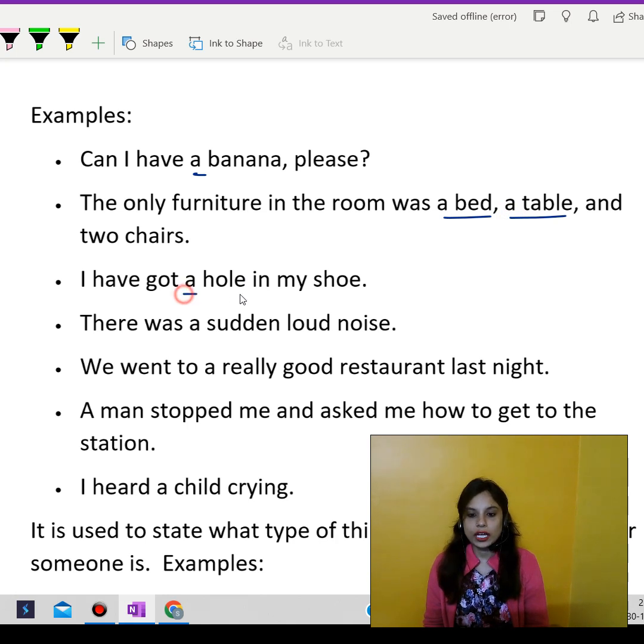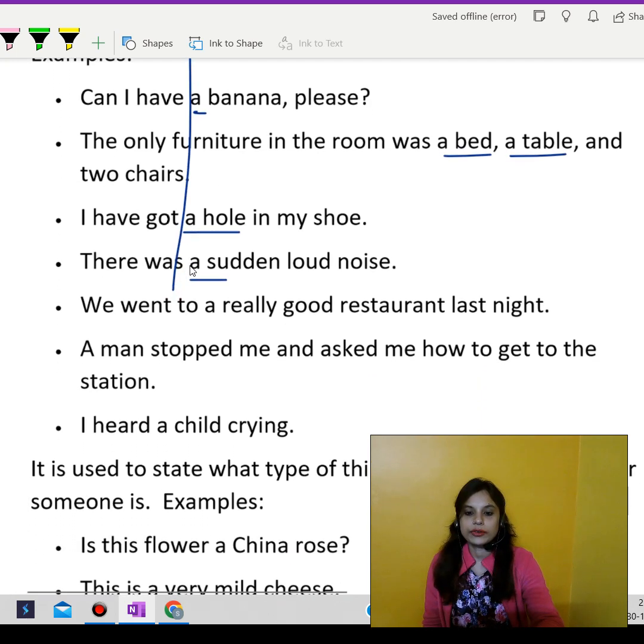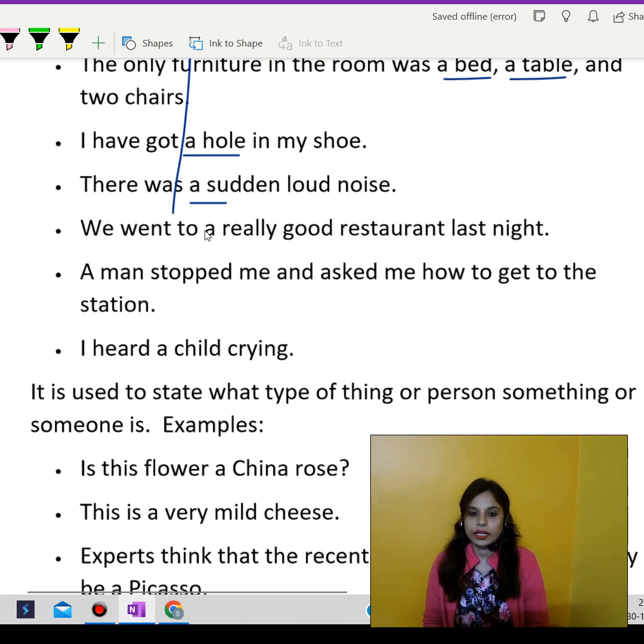I have got a hole in my shoe. There was a sudden loud noise. We went to a really good restaurant last night. So, a really good restaurant. A man stopped me and asked me how to get to the station. I heard a child crying.